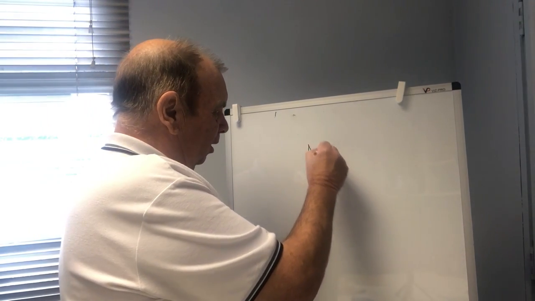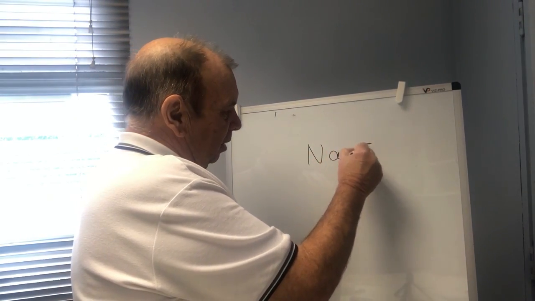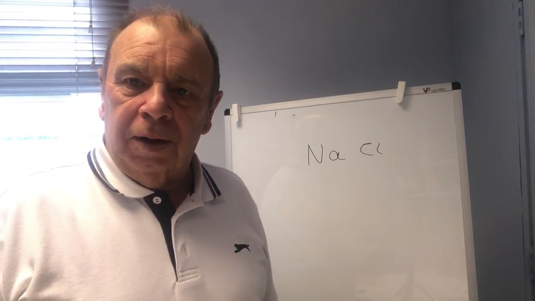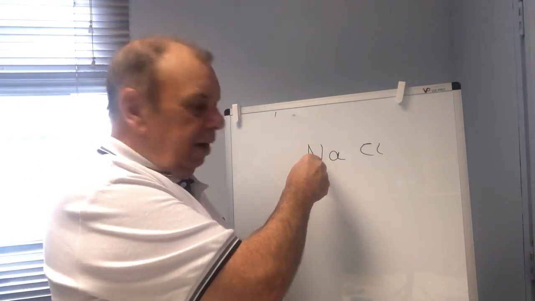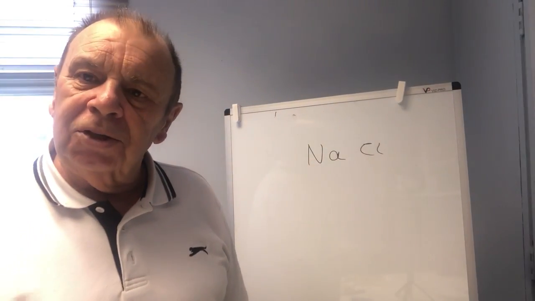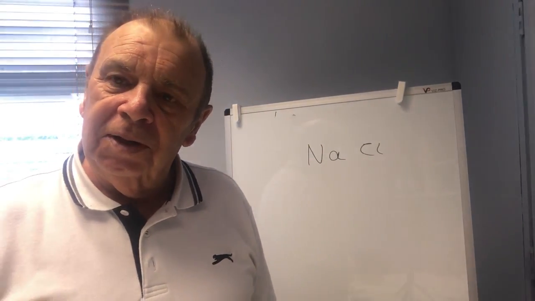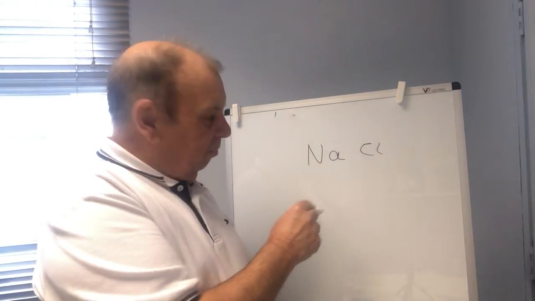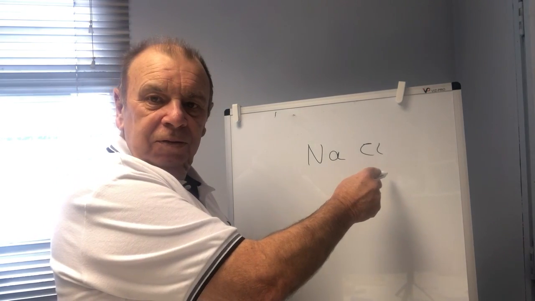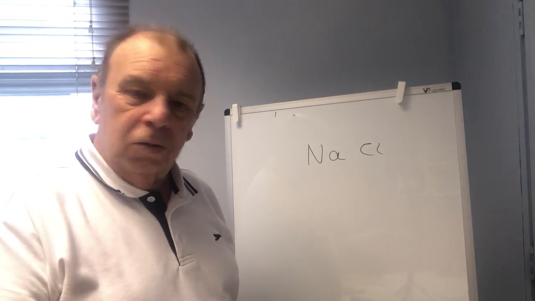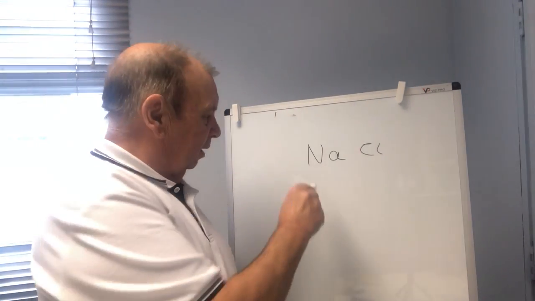Its formula is NaCl, sodium chloride. This is sodium, Na, and chlorine, Cl. And how's that been made or formed? Atoms of sodium have combined with atoms of chlorine to form sodium chloride. Let's look at a second example.